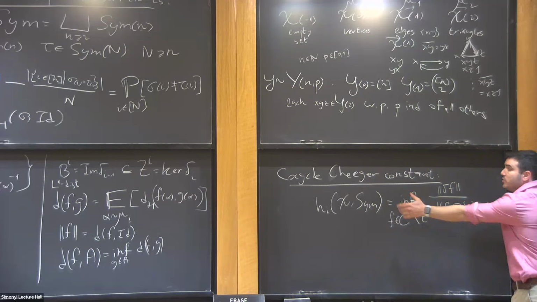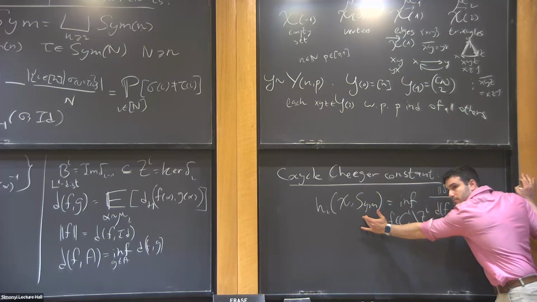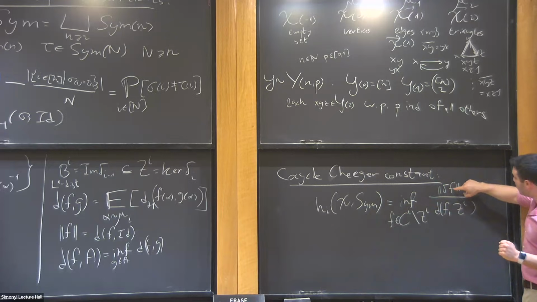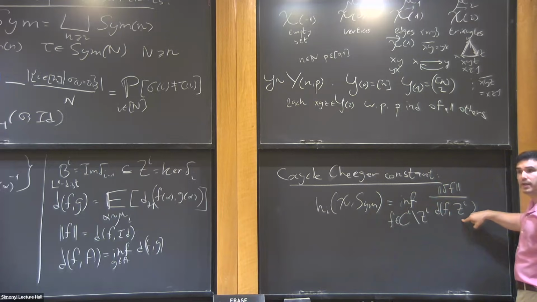If this number is positive, it tells you that if your coboundary is small, you're close to being a cocycle.